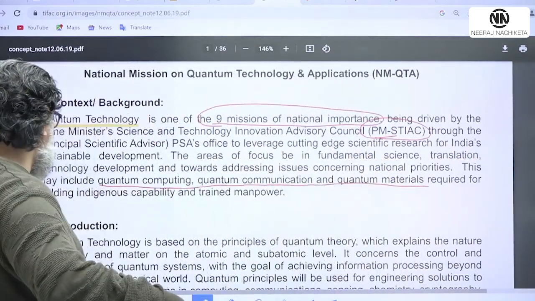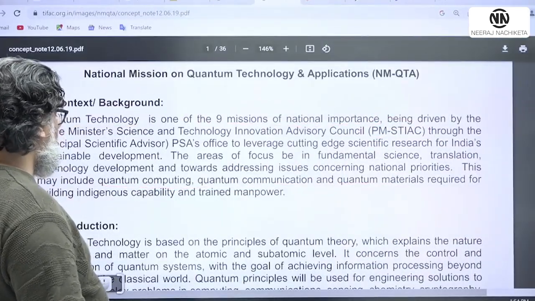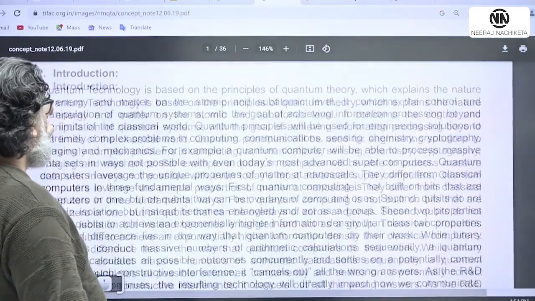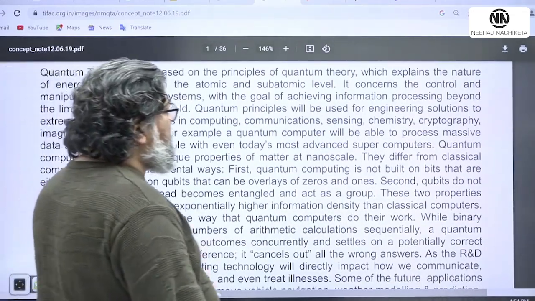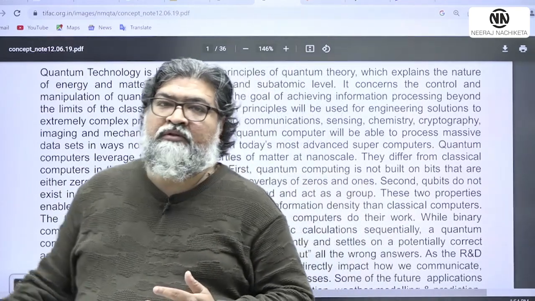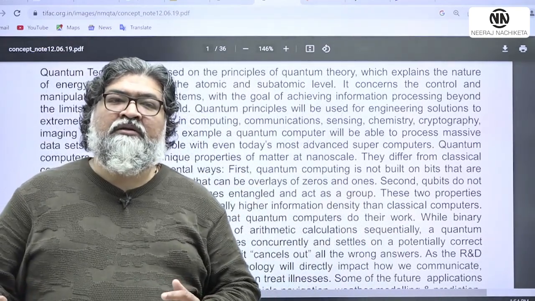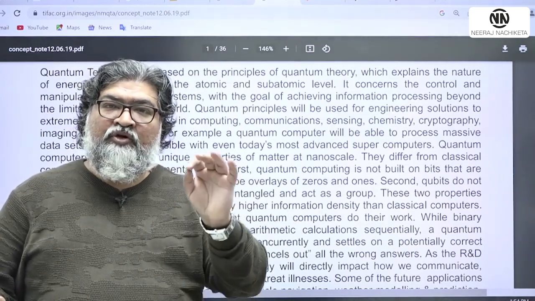Now, if you see further, if you look at this part, quantum technology is based on principles of quantum theory, whatever I have explained here. Supercomputers we are using today, future being that one. And when you say quantum, we are talking about atoms. Then we are talking about nanoscale.